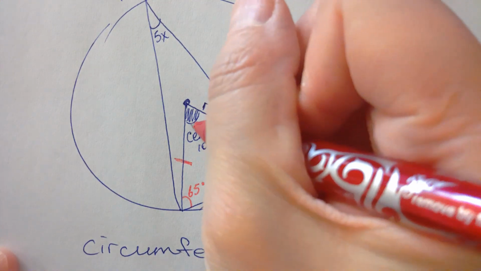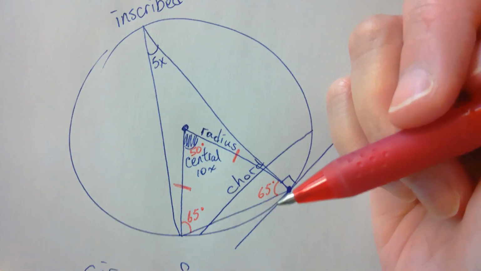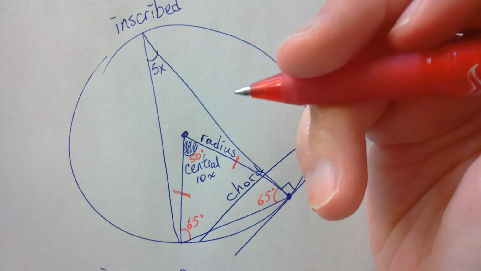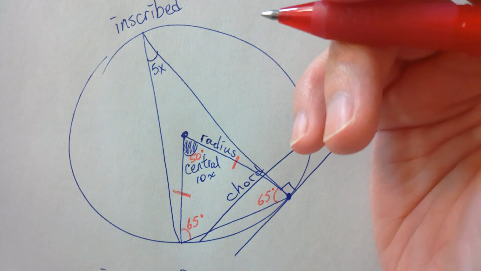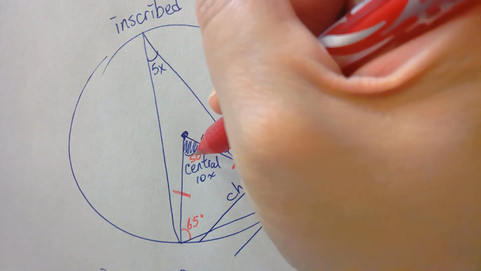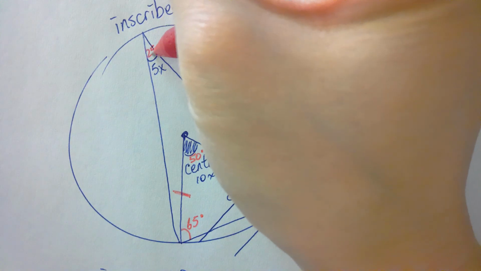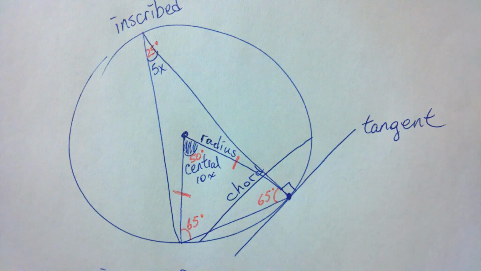And if my central angle is 50, what is my inscribed angle? If my central is 50, then my inscribed is 25. Good.